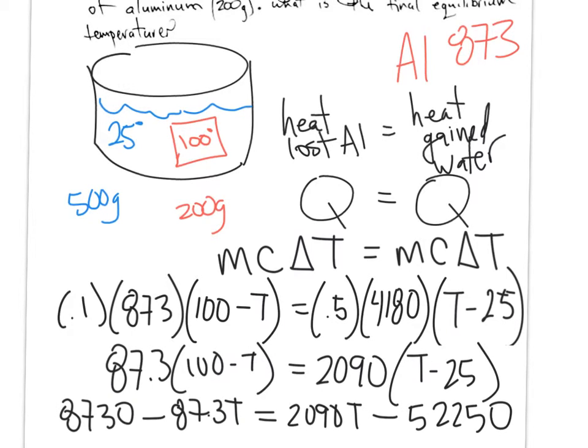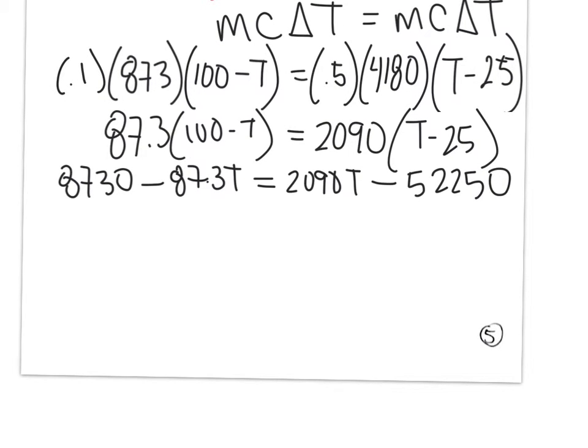Alright, and then we learned in algebra that we're going to get the T's on the same side. So I'm going to add this over here, and then move the number over here, and then we'll divide as the last step.